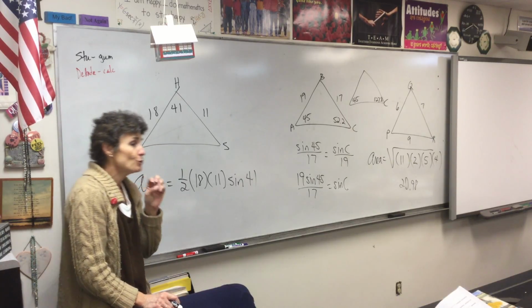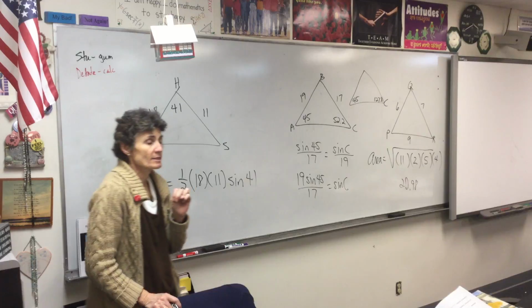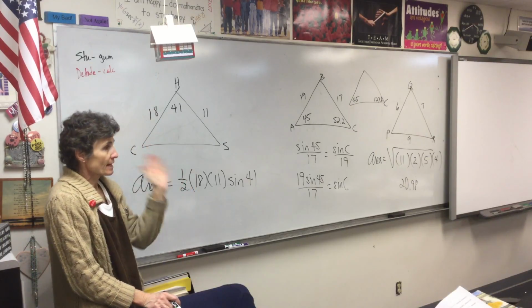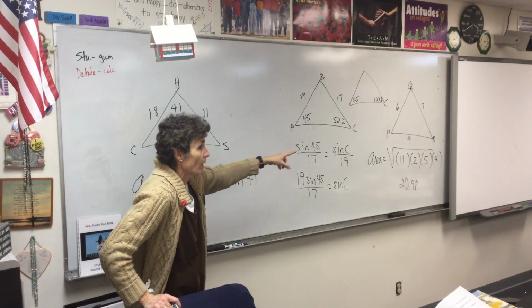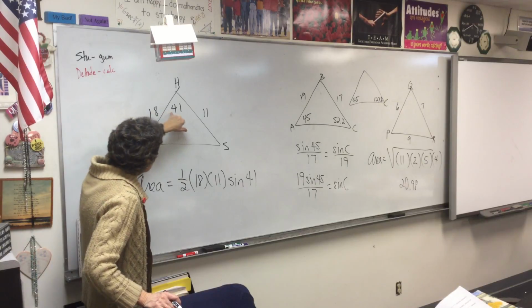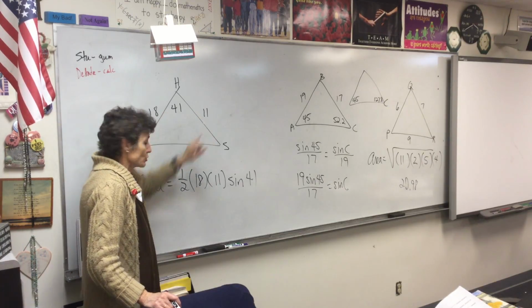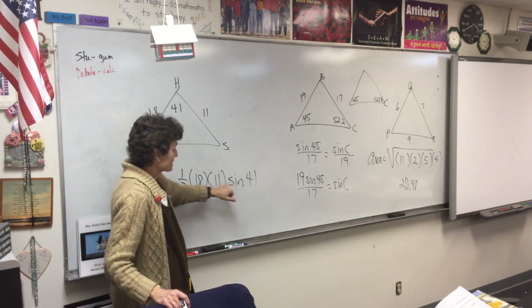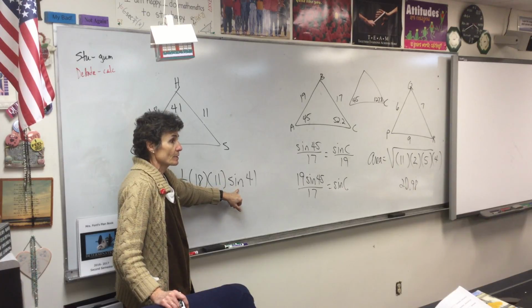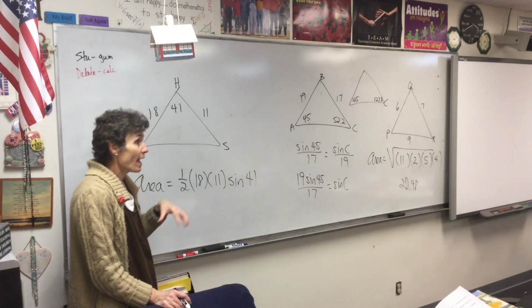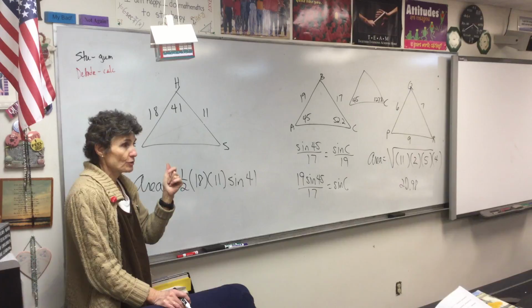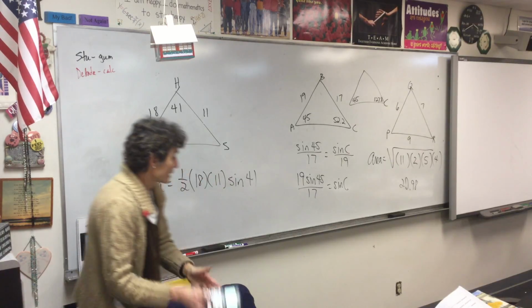So there are two area situations that are awesome. Side, side, side, so I can do Heron, or side, angle, side, so I can do 1/2 side, side, sine. If that's what you have, you got it. No work at all, just type it in.